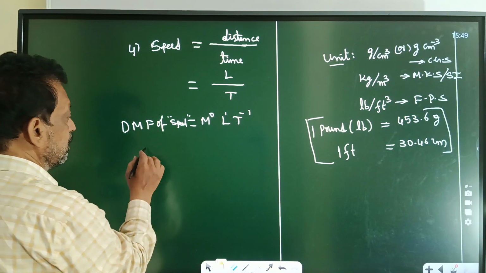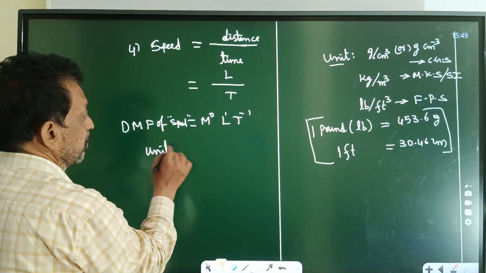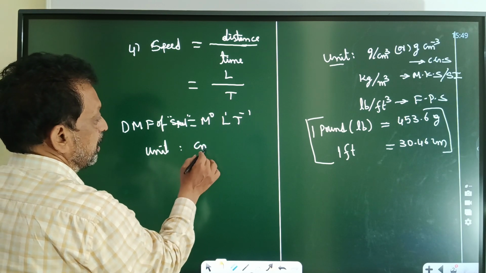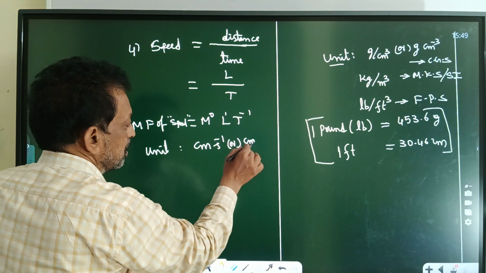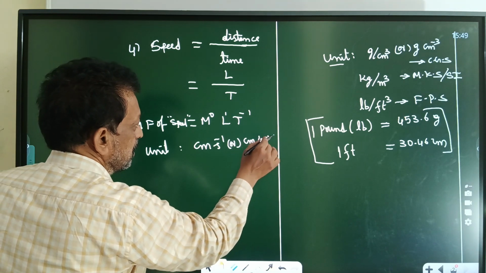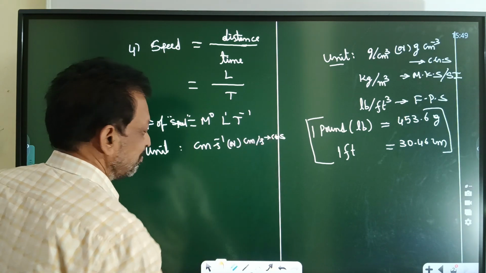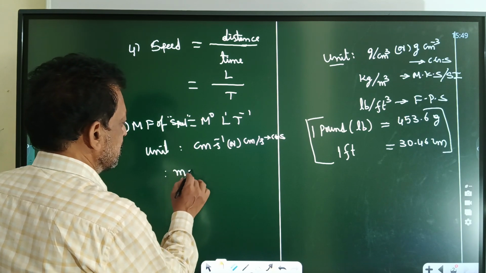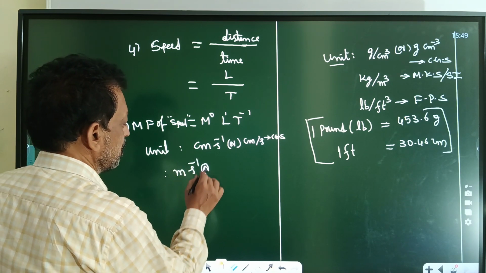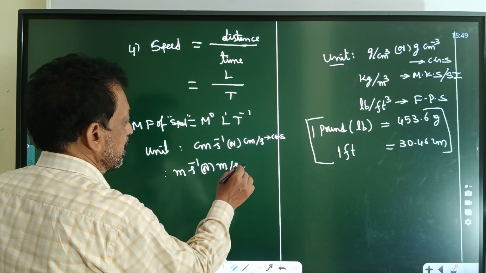So the unit: you can write it easily. Centimeter second raised to minus 1 or centimeter per second is the CGS system. In MKS system, meter second raised to minus 1 or meter per second.